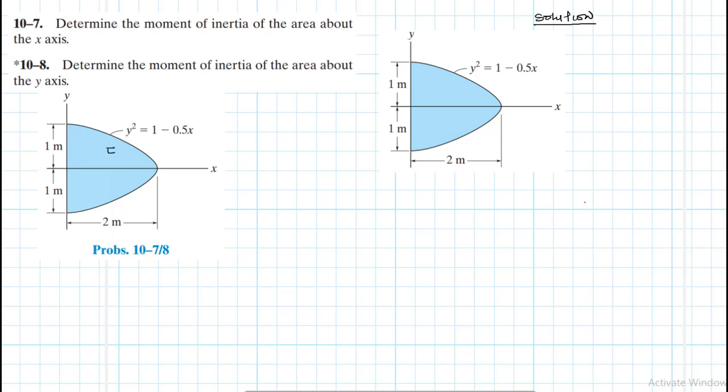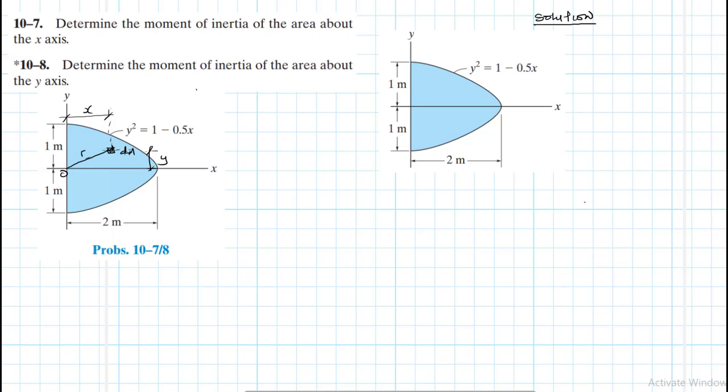If I had a very small area here, let's call this dA, and then we have a distance to this small area from the y-axis, which is x, another distance from the x-axis, which is y, and another distance from the origin, which is r.